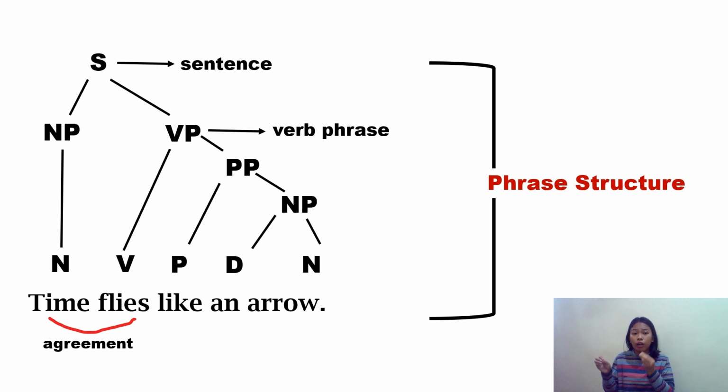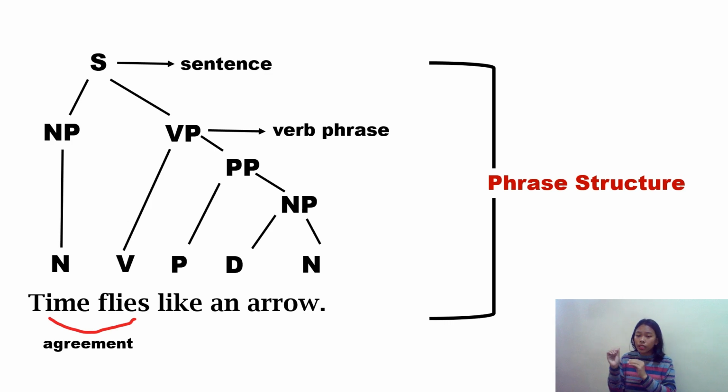we tree diagram the first independent clause. We can see here we have the sentence, and then the sister nodes, the NP and VP, and our noun is time, our verb is flies, our preposition is like, and our determiner, which is an article, is the word a, and then another noun in the sentence, which is the word arrow.